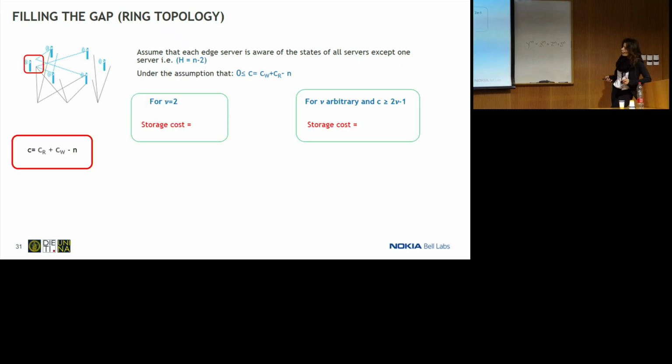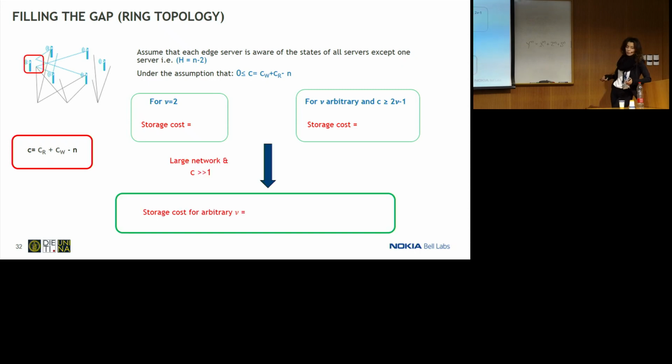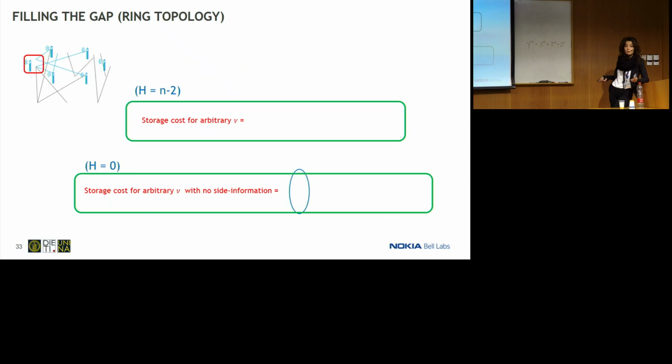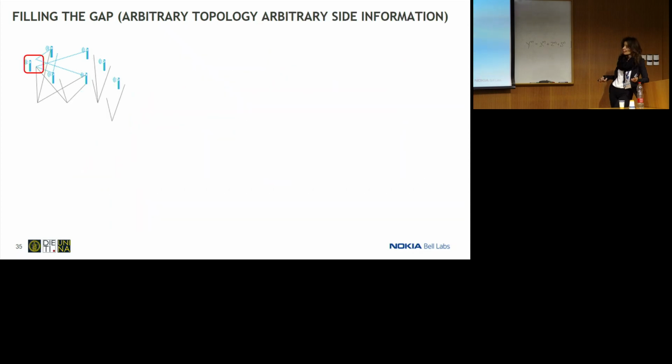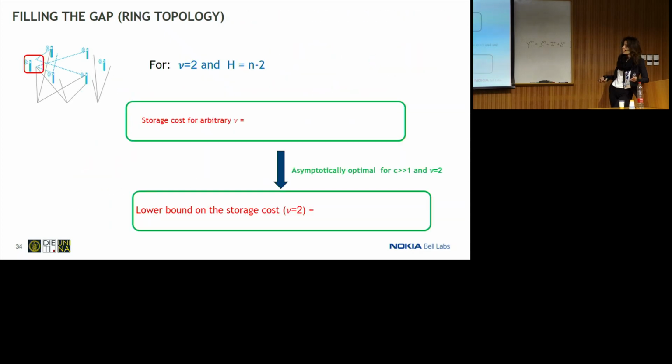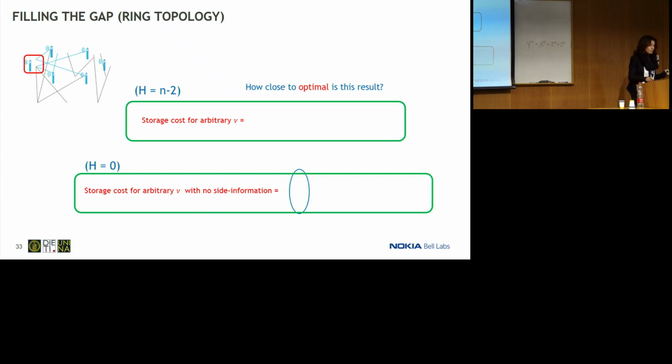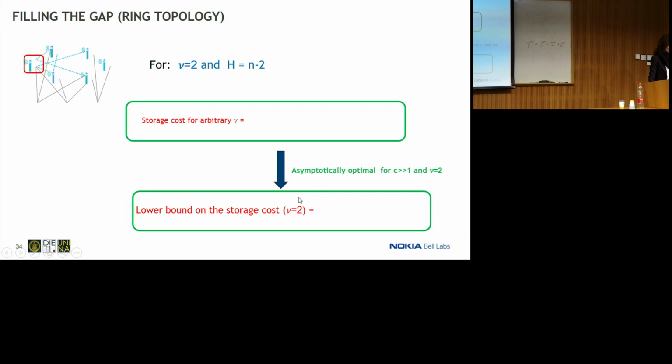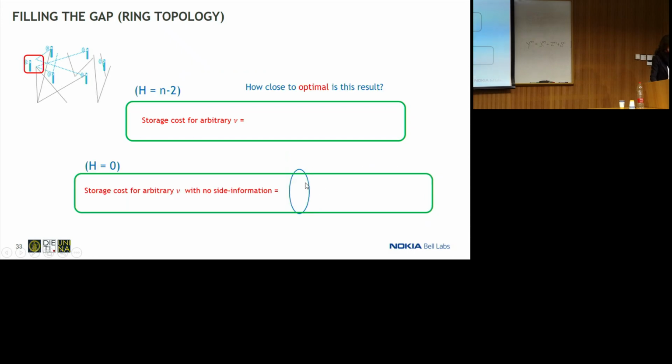So then for C equal to, there are no formulas. What I'm going to do, I'm going to write them.